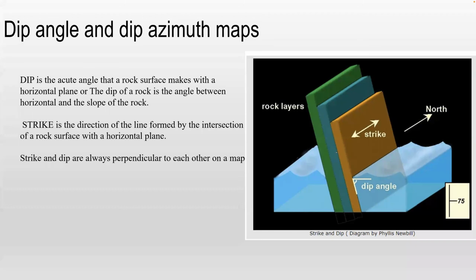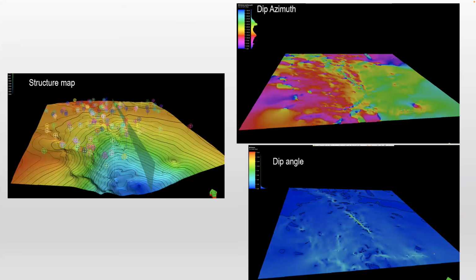Okay, the other types of 2D or 3D map are dip angle and dip azimuth maps. This type of map gives you the dip and azimuth of the interval or horizons. For example, let me show you in this picture. That's a dip angle map of this surface.